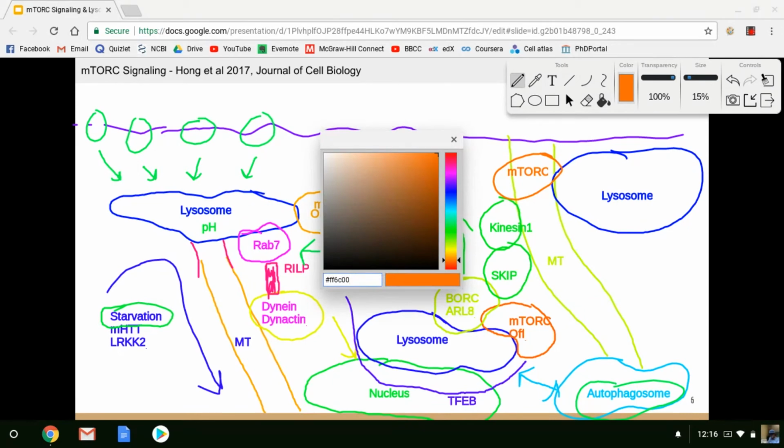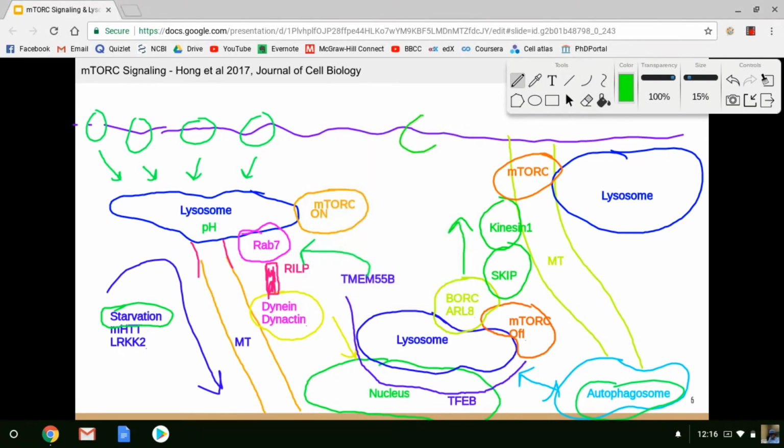Specifically, we have our receptors over here that are going to be activated by growth factors. Let's just say like insulin. Insulin is a classic growth factor, right? And insulin triggers signaling through AKT, which, we talked about earlier, protein kinase B is another name. And AKT activates mTORC.